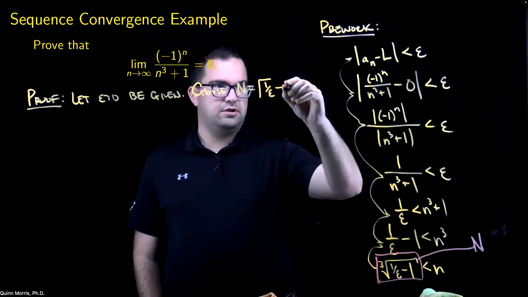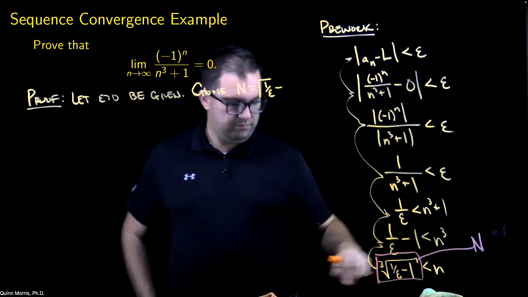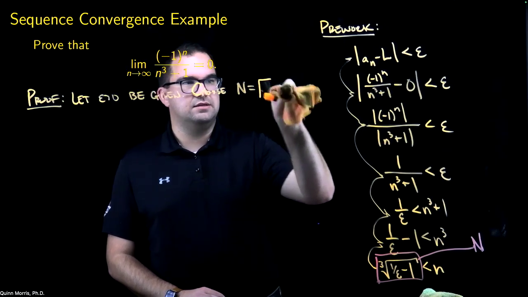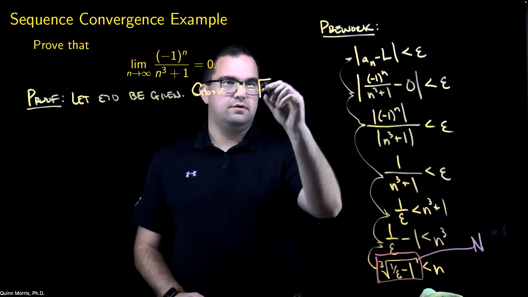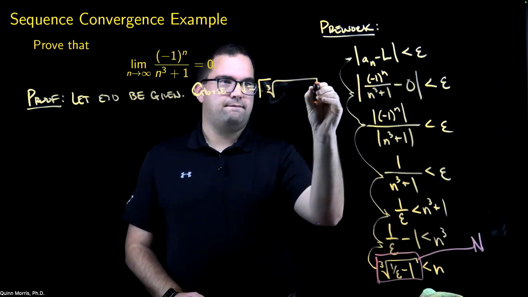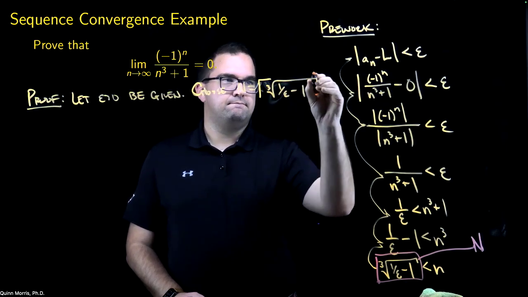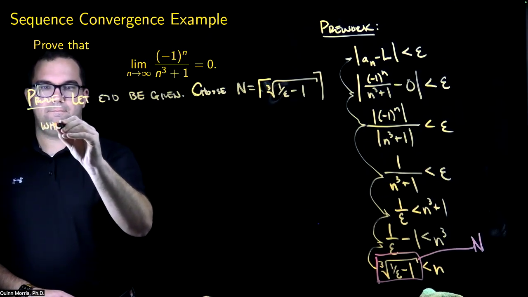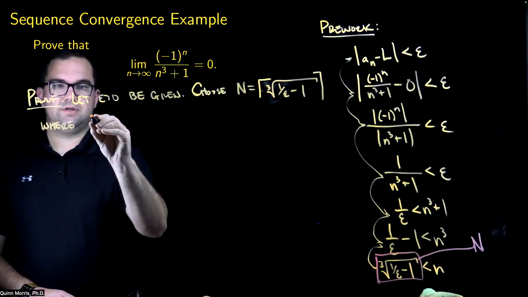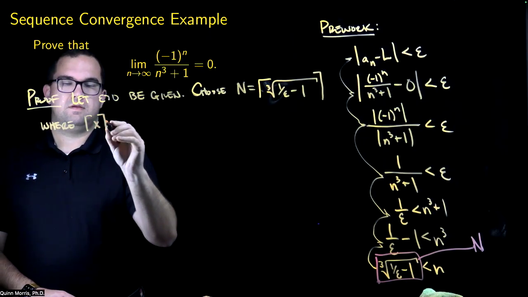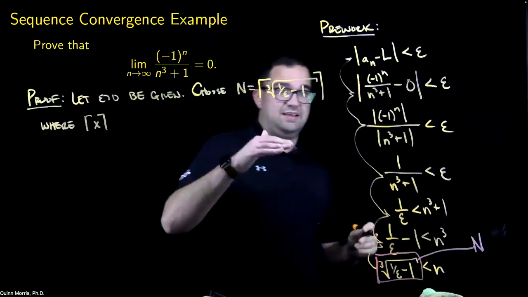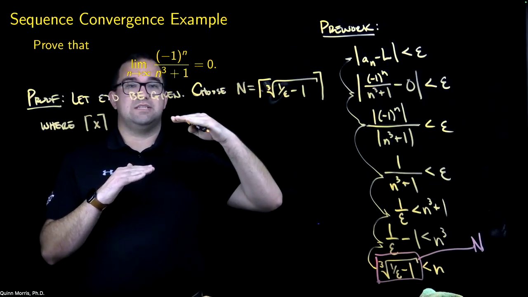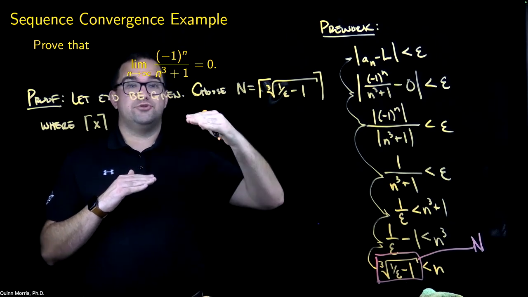I'll define what I mean by this in a second because it's actually slightly non-standard. It's not exactly the ceiling function, which is what this is often used for, because the ceiling function often just rounds things up to the next integer.